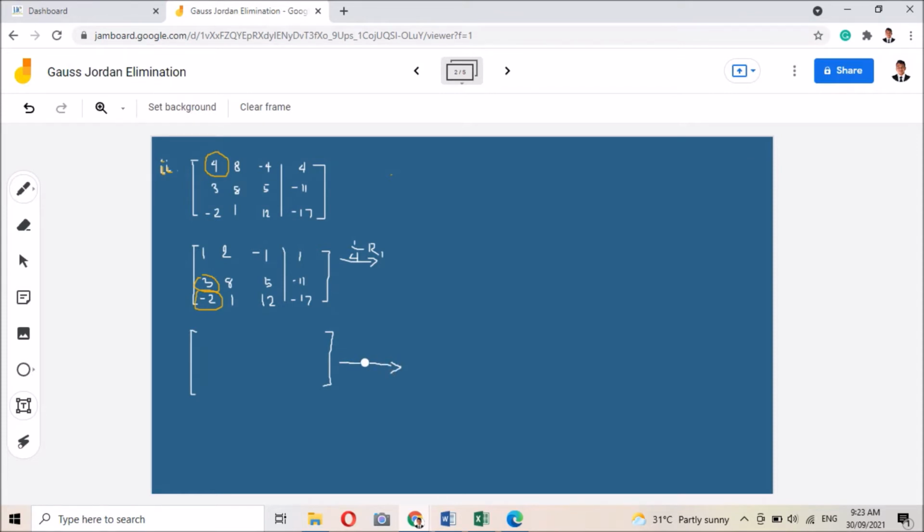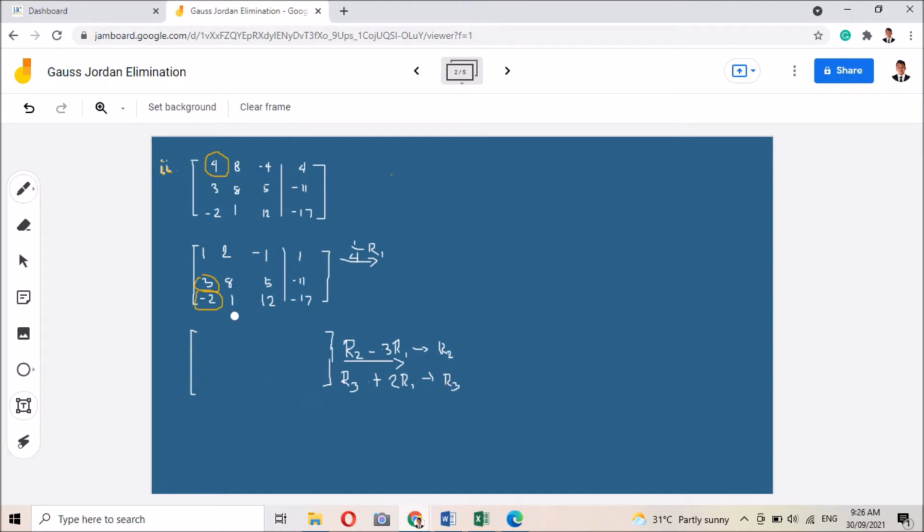So we can formulate the elementary row operations: r sub 2 minus 3 r sub 1 implies r sub 2, and the second is to make this negative 2 equal 0, so we can make this r sub 3 plus 2 r sub 1, and that will be put in r sub 3.